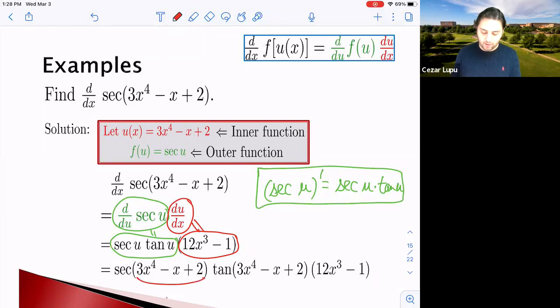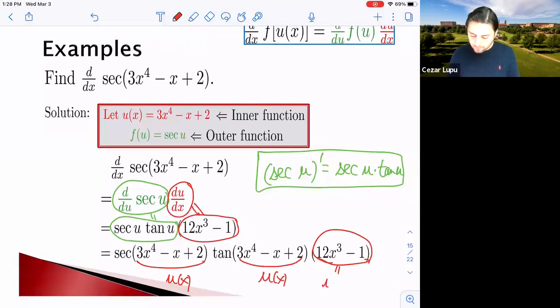You'll see u of x is right here, and the whole thing here is the derivative, u prime of x. Okay, let me write it again. It's just the same example. This time, instead of tangent, it was secant. Does this make sense for everybody?